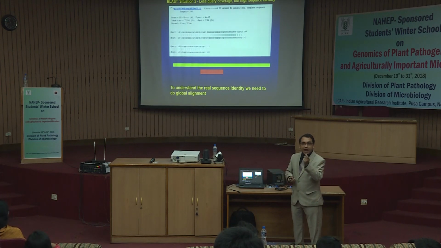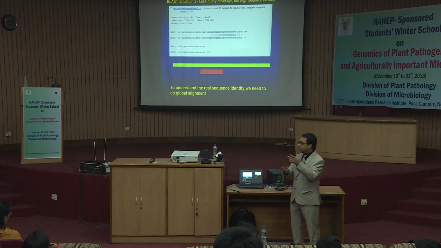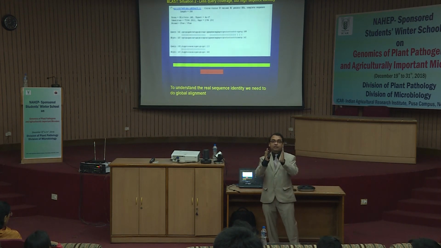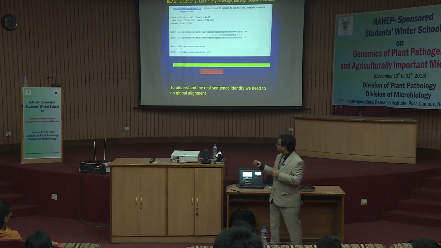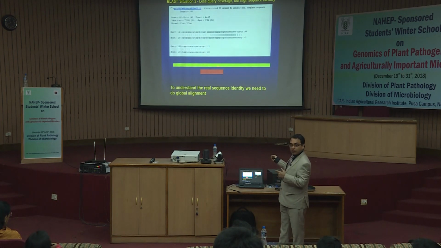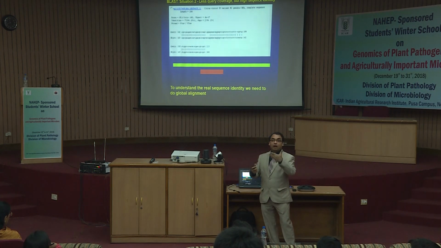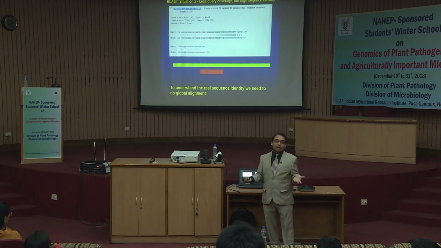Only those 84 nucleotides are showing the similarity, the rest are not, but BLAST will tell you again 91% is the sequence similarity, but it is only within that stretch which is analyzed, not the other parts which it has not analyzed.